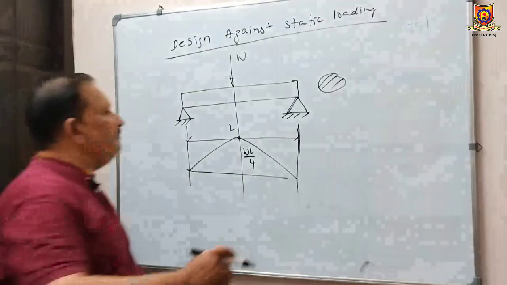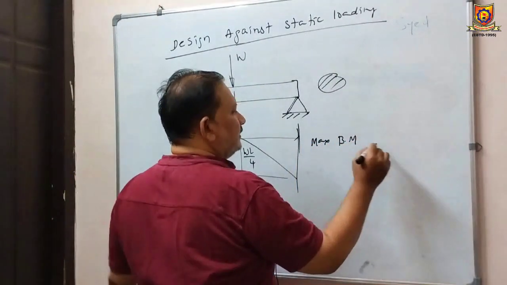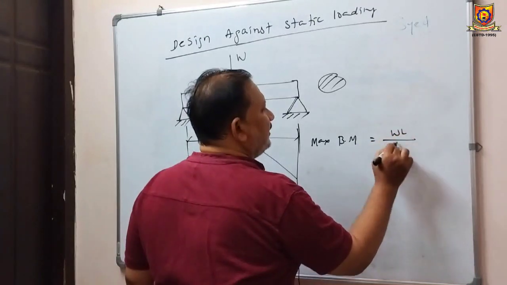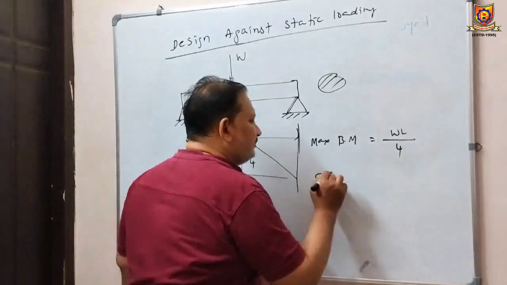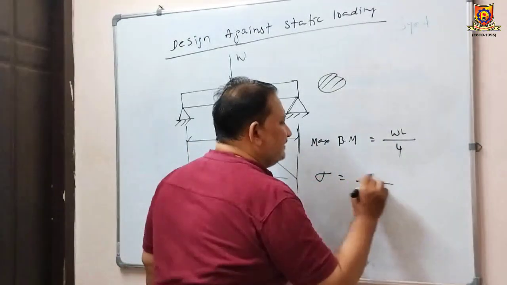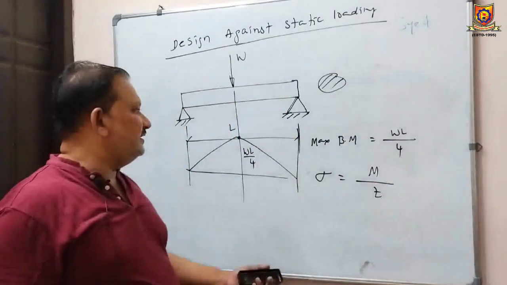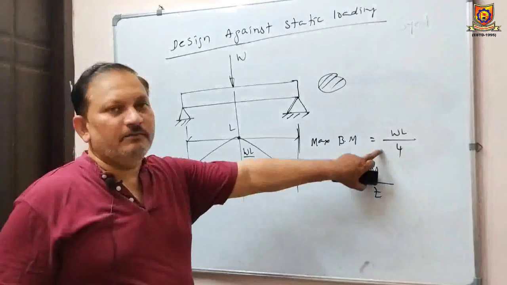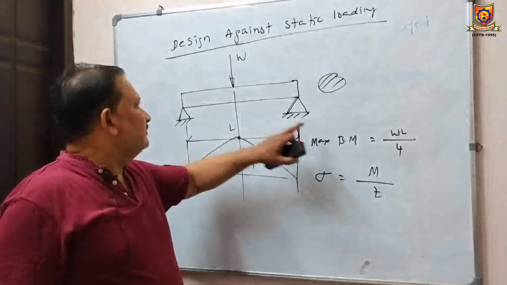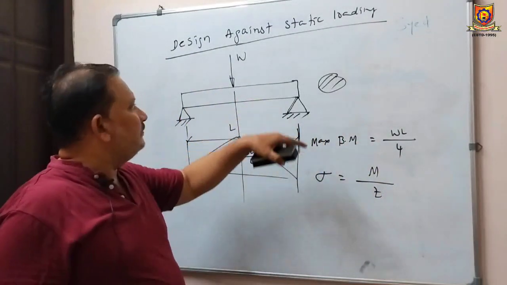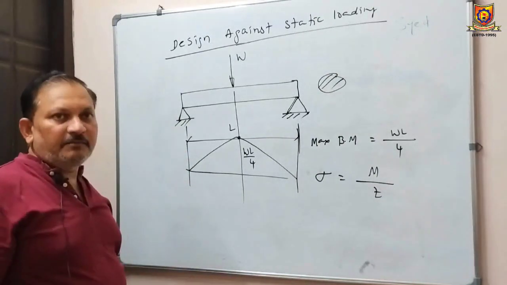Once you know this maximum bending moment, like WL by 4, you can calculate normal stress induced in this beam, that is given by M by Z. What is Z? Again, this M stands for bending moment, so we have to consider maximum bending moment. For this example I have taken a simple case, a simply supported beam carrying a center point load.